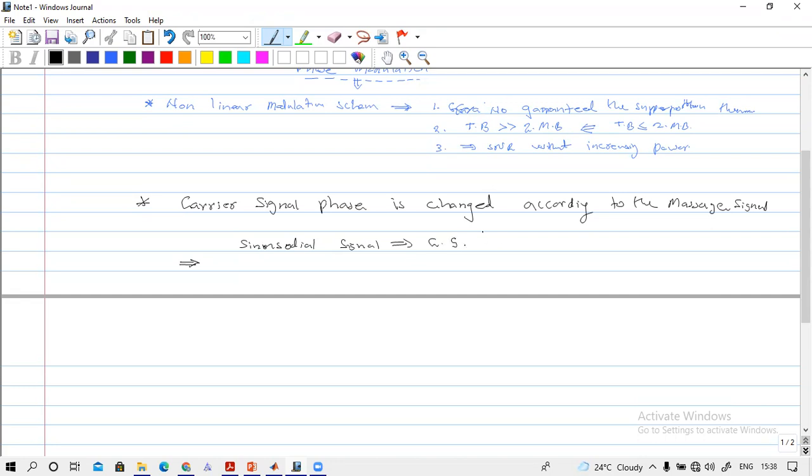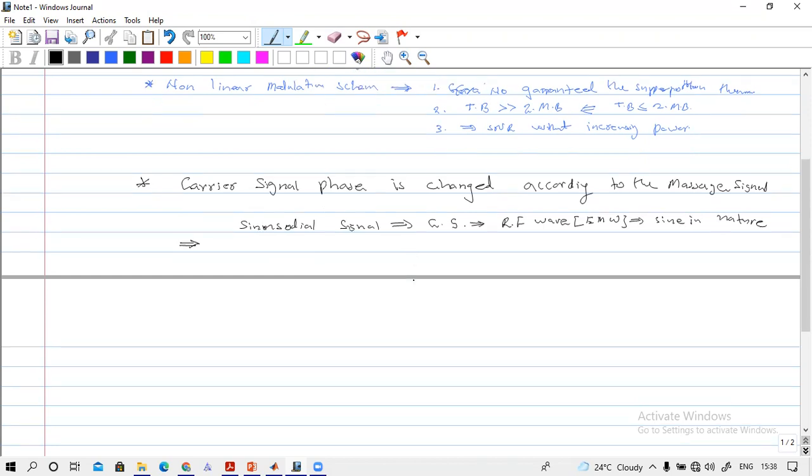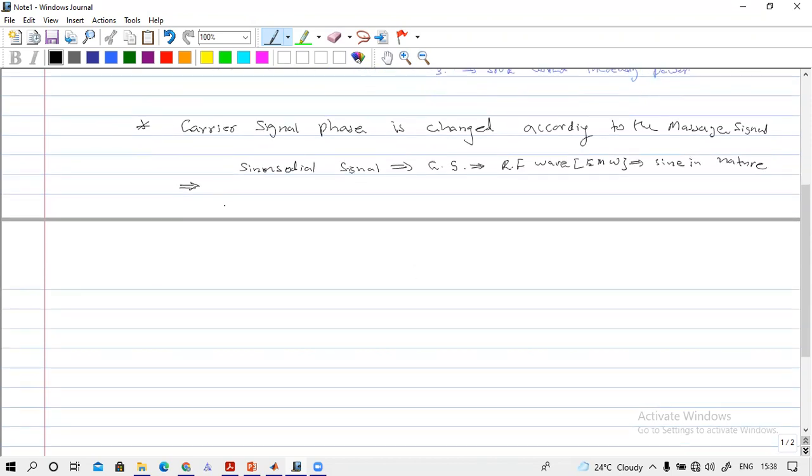The reason is that the carrier signal should be an RF wave, an electromagnetic wave. All electromagnetic waves are sinusoidal in nature, normally sine. So normally we use a sinusoidal signal as the carrier signal. This is very important.